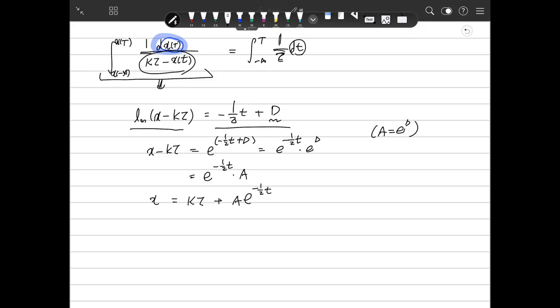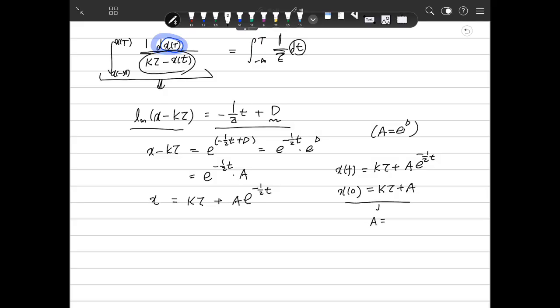Then we need to know some values. What is that? Because x(t) is k tau plus a exponential minus 1 over tau t, when t is 0, this is the initial condition. That means x0 is k tau plus a.